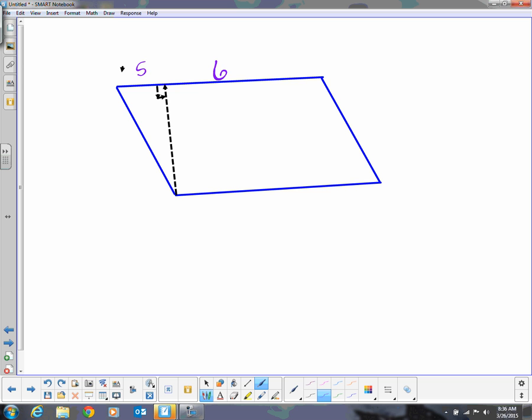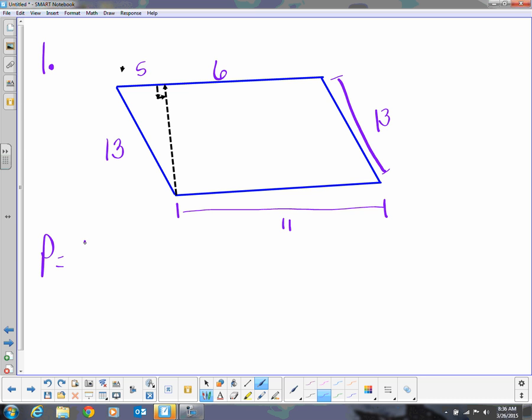They told us this is 6. They told us this is 13. How long is this side? How do you know? Okay, how long is this side? Okay, so how do we find perimeter? Okay, where did you get the second 11? So this is going to be 26 plus 22, which is 48.